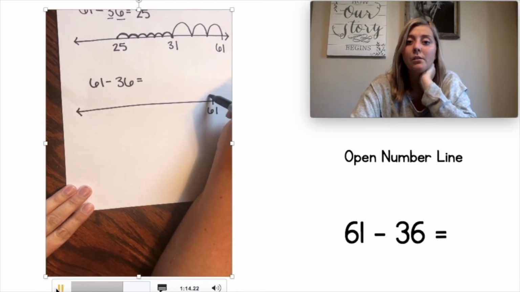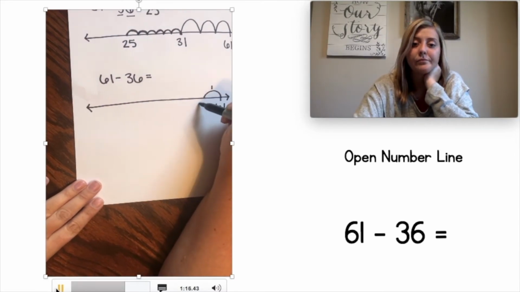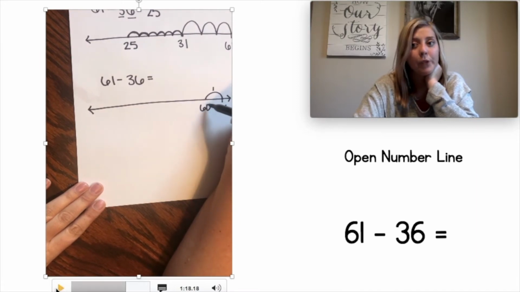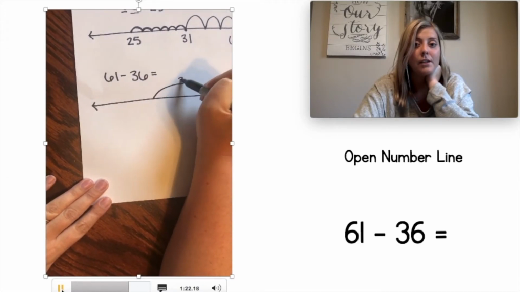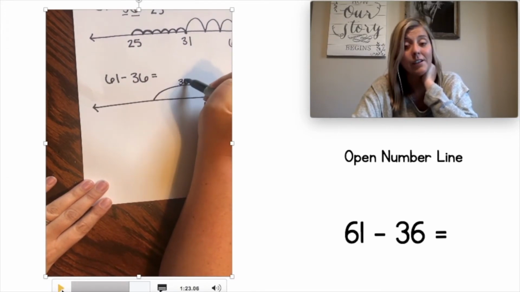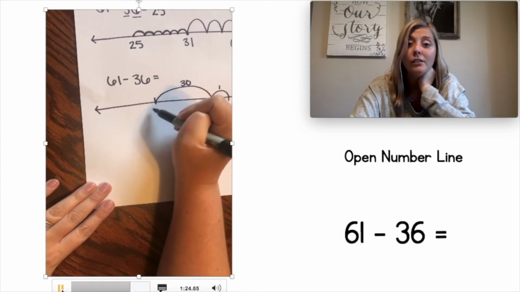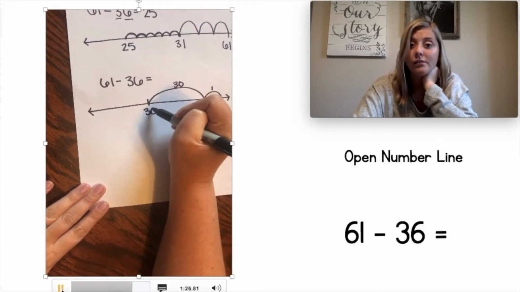So 61 minus 1 is 60. But freeze. Was my equation 61 minus 1? Nope, it's 61 minus 36. I've already taken away 1. And now I'm going to think to myself, well, I know that 60 minus 30 is 30.